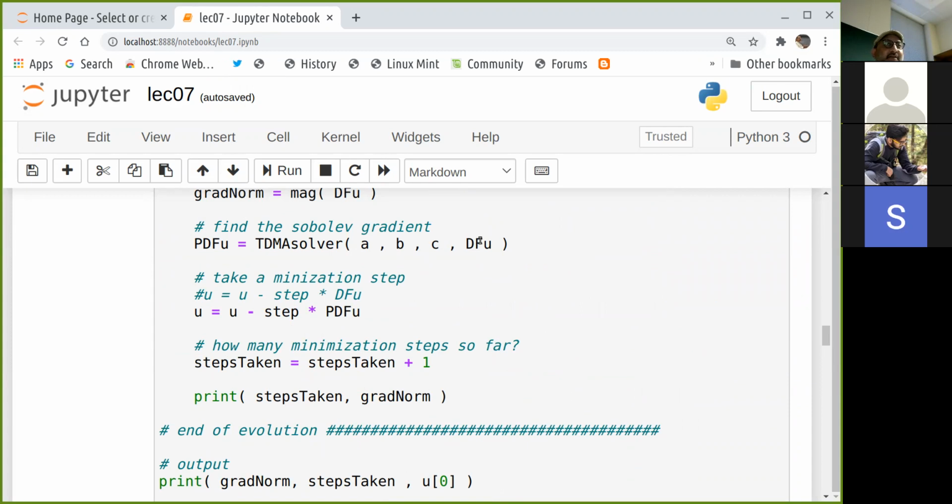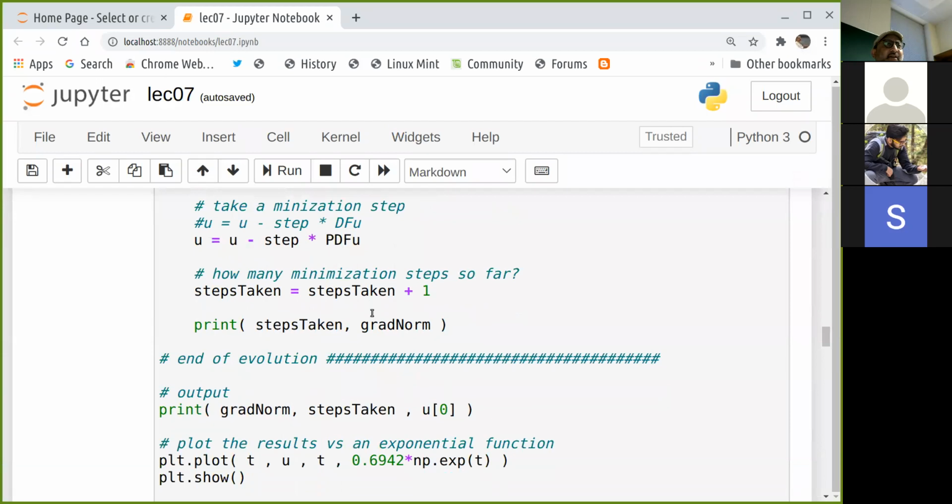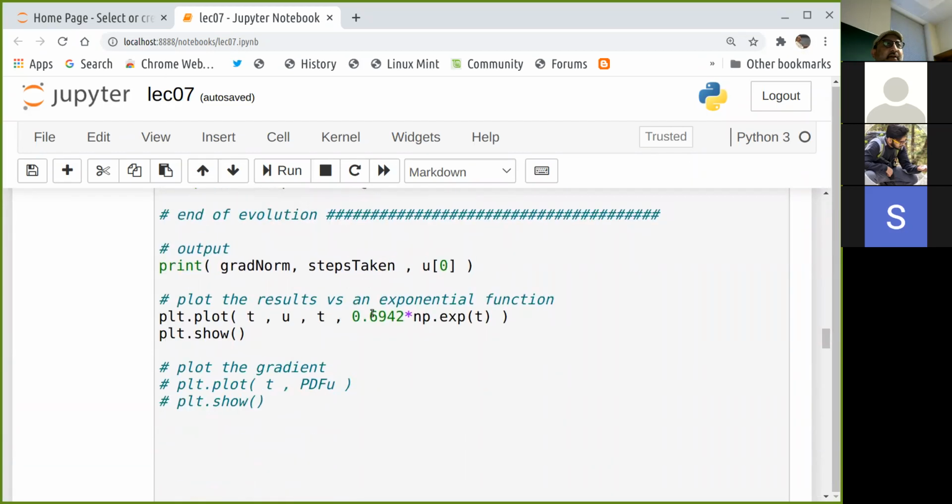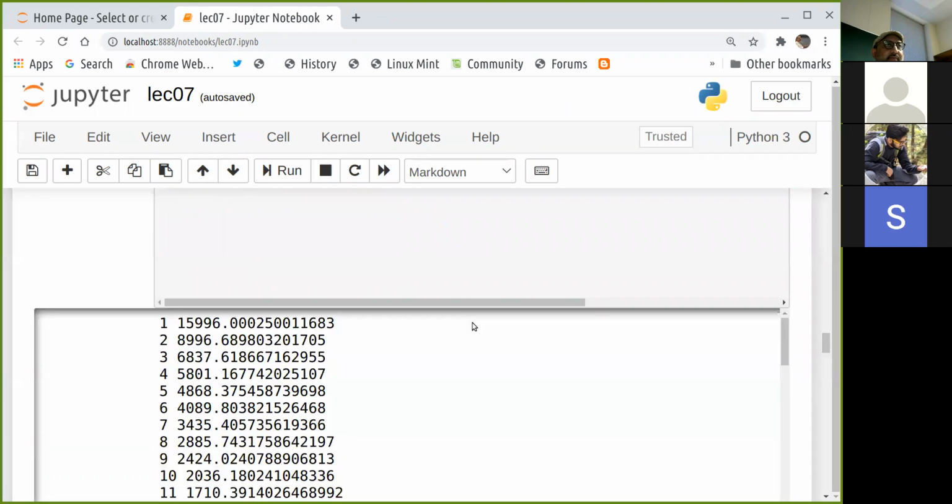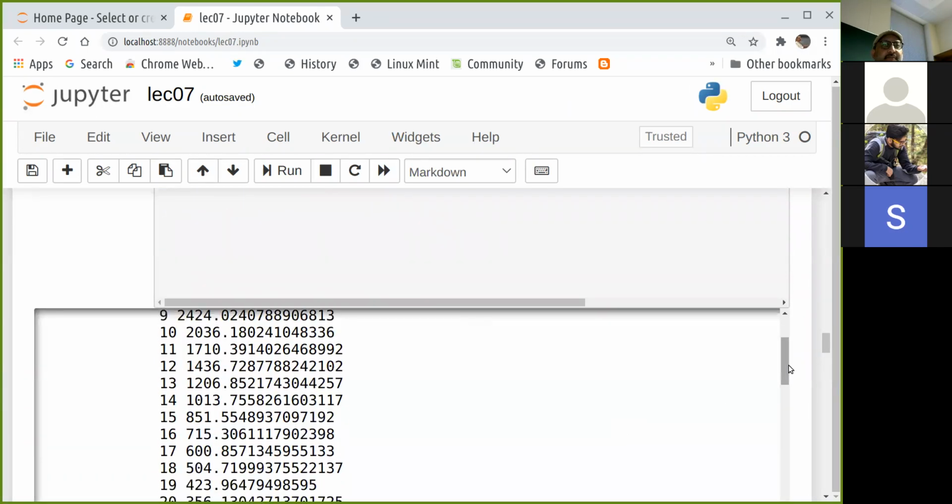And the right-hand side is the Euclidean gradient. Using the Thomas solver, I can extract the Sobolev gradient. And now instead of taking a step in the direction of the Euclidean gradient, I take a step in the direction of the Sobolev gradient. We'll count the number of steps that are taken, and we will then plot against a solution, some constant times exponential of t. Okay, what happens?